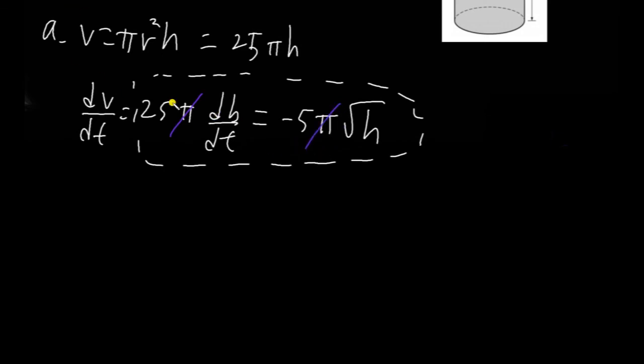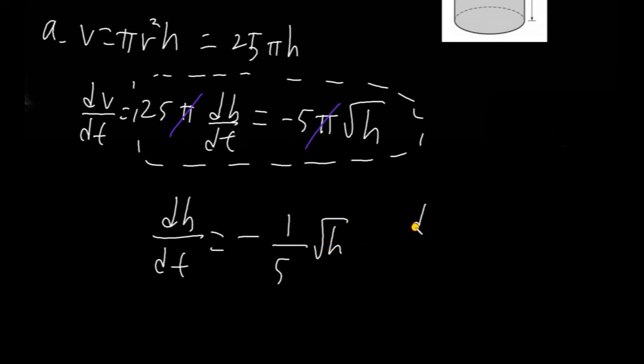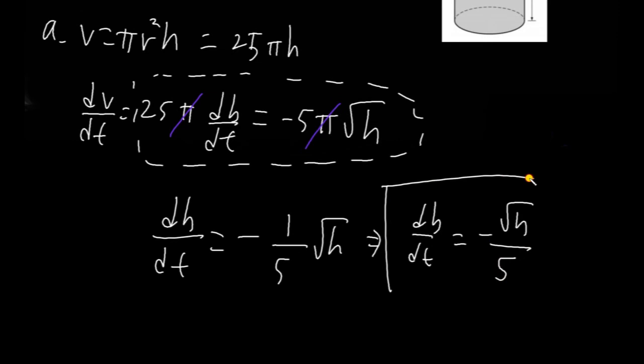We can divide by 25. So dH dt is -5 over 25 is 1 over 5 square root of h. So dH dt is equal to negative square root of h over 5, right?